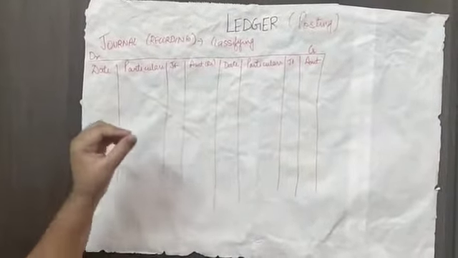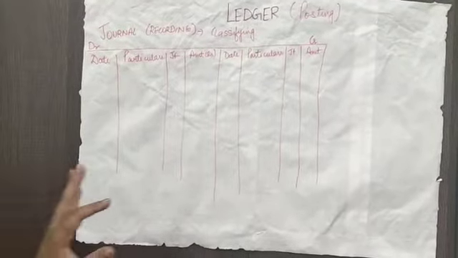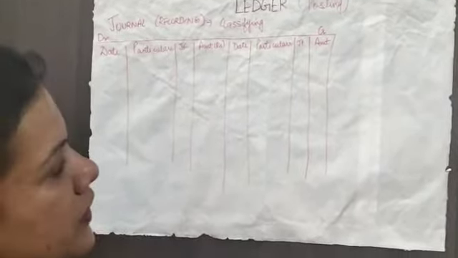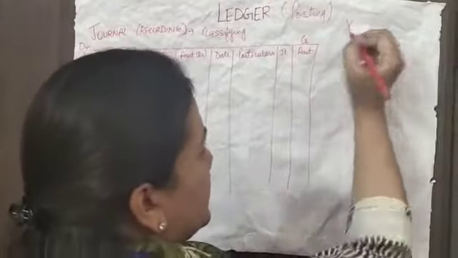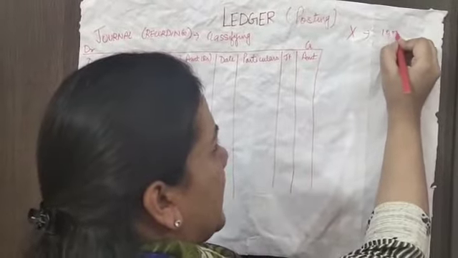Now I'll tell you how we pass an entry from journal to ledger. For example, we take an entry, as you have done journal, you must be knowing. Let's say X started business with a capital of 1 lakh as cash.